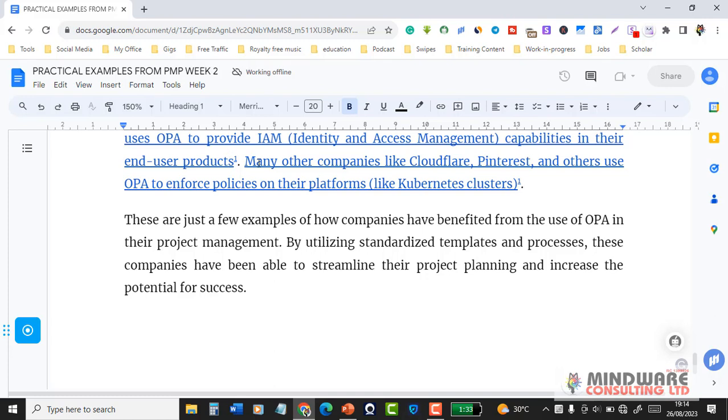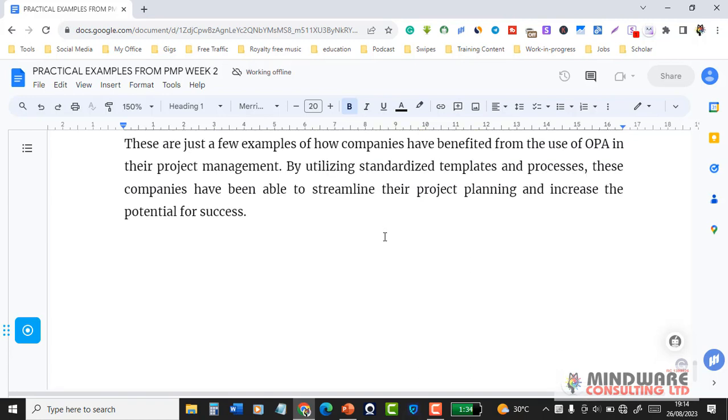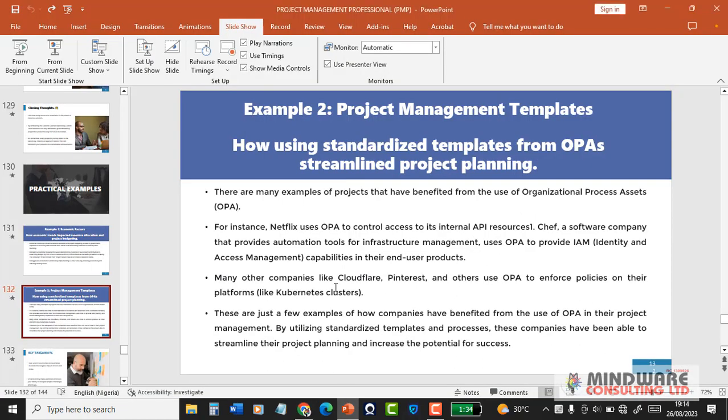We've also seen Cloudflare, we've also seen Pinterest, who use organizational process assets on their platforms. So by utilizing standardized templates and processes, these companies have been able to streamline their project planning and increase their potential for success, as you can see.